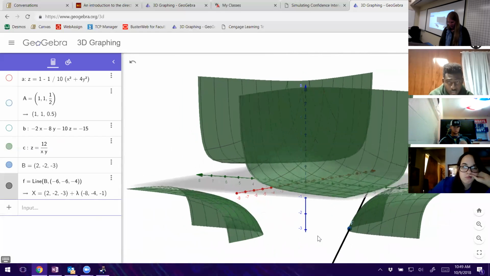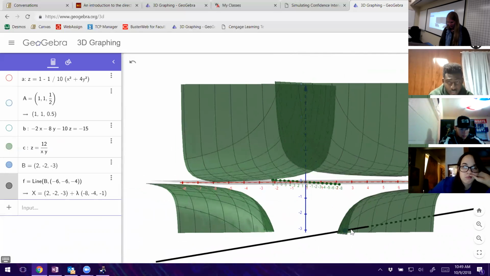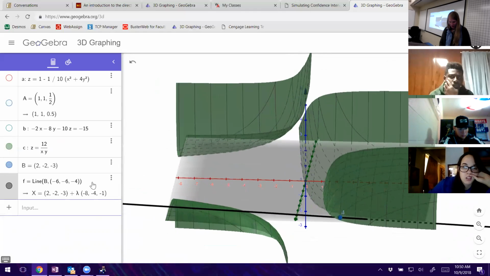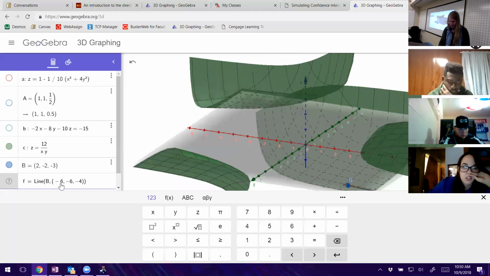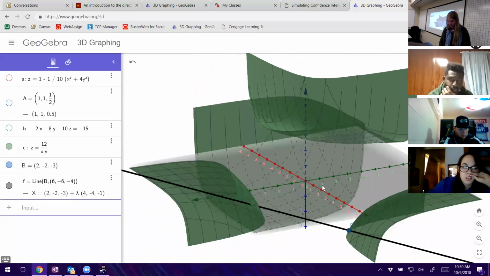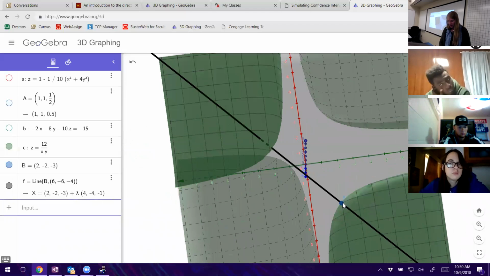It's a bit more complicated here to look at this, but let's see if I can get that line up. I think I may have typed something wrong. Is it positive 6 for the first one? Yeah. Okay, that looks better. So there we go. Now we can see that at that point, that line is perpendicular to the surface. So a lot of work for a fairly boring, complicated picture.